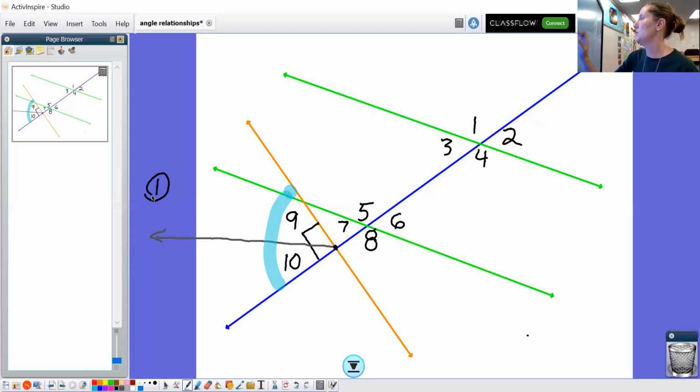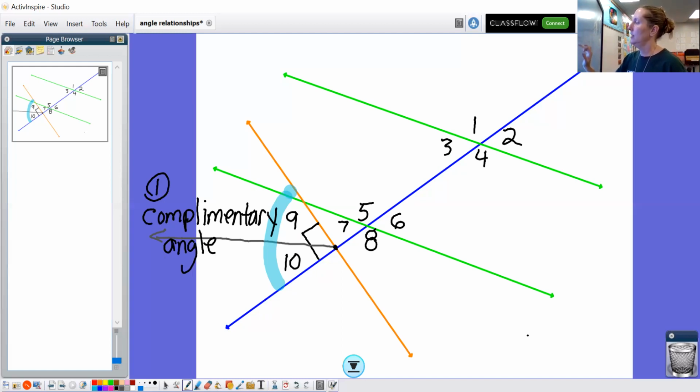So there's our first term, complementary angles, okay? And they total 90 degrees, okay? So complementary angles, and I'm going to highlight it in blue, total 90 degrees. Now angles 9 and 10 are complementary, okay?